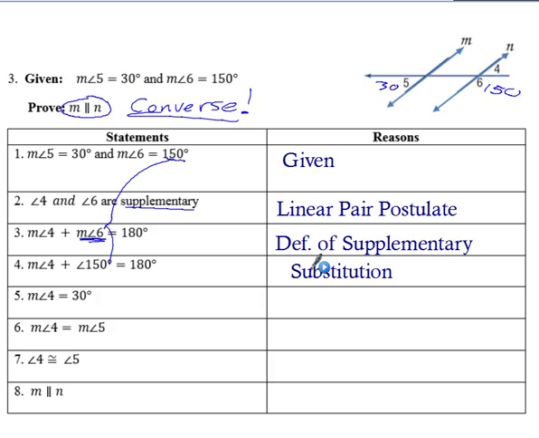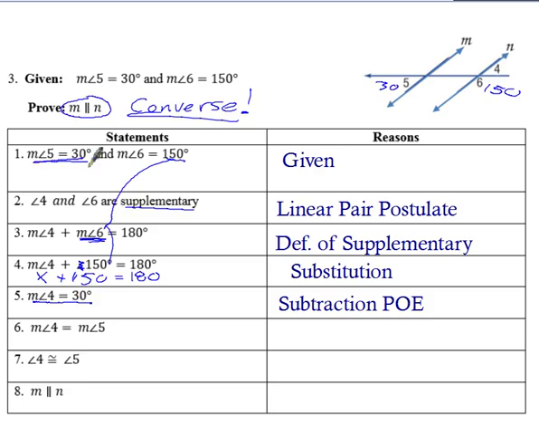So that's a substitution. I substituted 150 in for angle 6. And now this kind of becomes like algebra. This is almost saying x plus 150 equals 180. Sorry, that angle sign doesn't need to be there. And so now from here, I just subtract 150 from both sides, so that's a subtraction PO. So now I know that angle 4 equals 30.